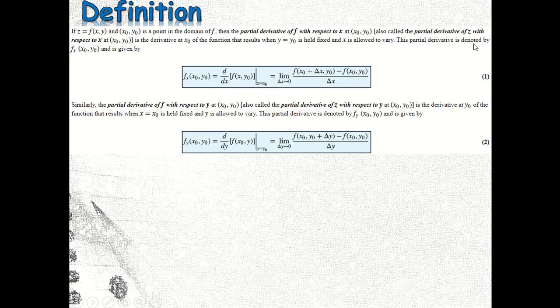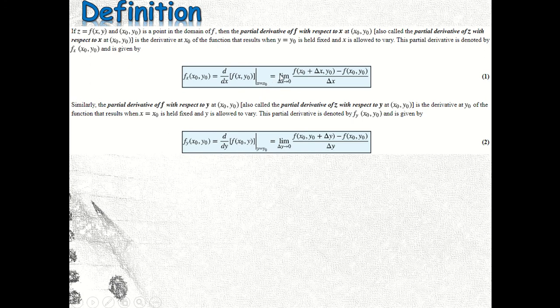So this partial derivative is denoted by f sub x of (x sub 0, y sub 0), which is equivalent to this notation: the derivative of the function of x and y sub 0 with respect to x, at x equal to x sub 0.